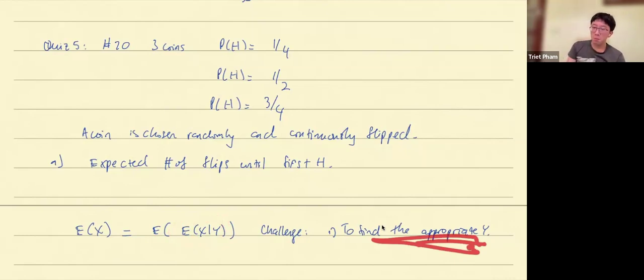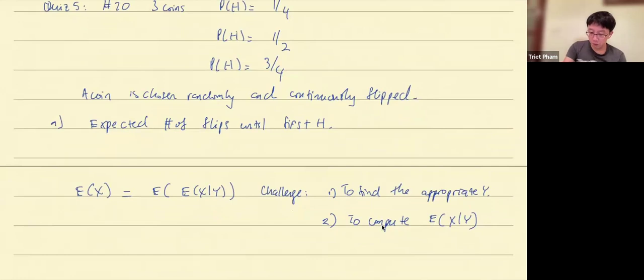Okay. And I can't tell you how to do it. It's really a combination of intuition, experience, understanding the problem, etc. But even so, after you find the appropriate y, of course, then you have to perform the calculation. And again, let me emphasize, there are two layers here.